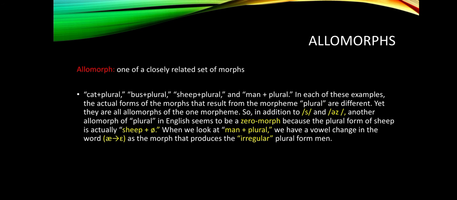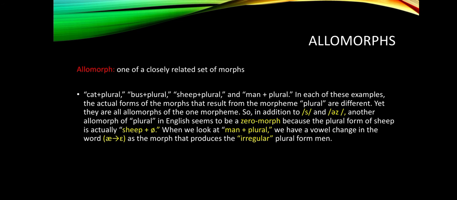And when we convert man into its plural form, it becomes men. In each of these examples, the actual form of the morph that results from the morpheme plural is different, yet they are all allomorphs of one morpheme, which is the inflectional morpheme.